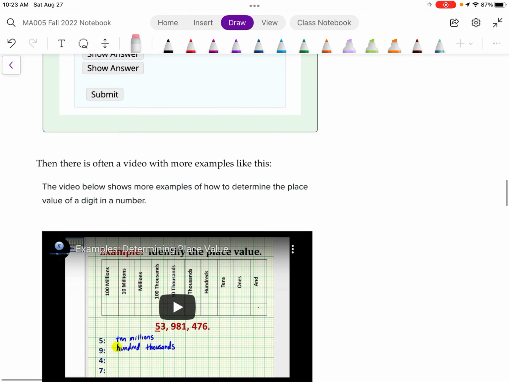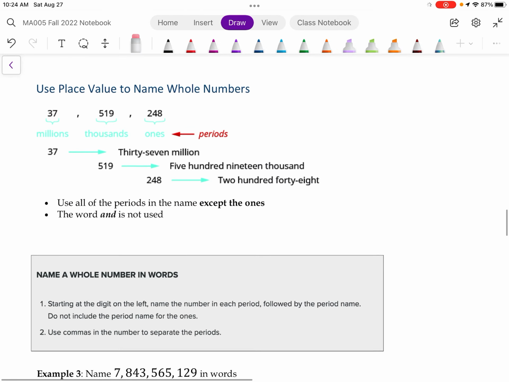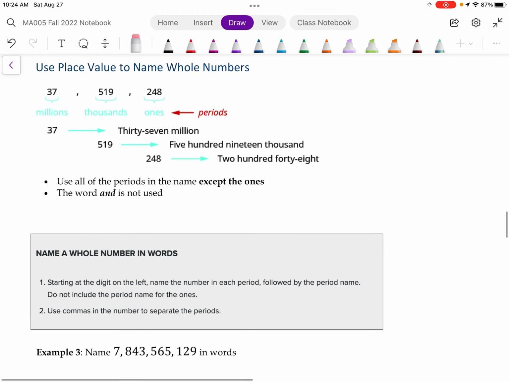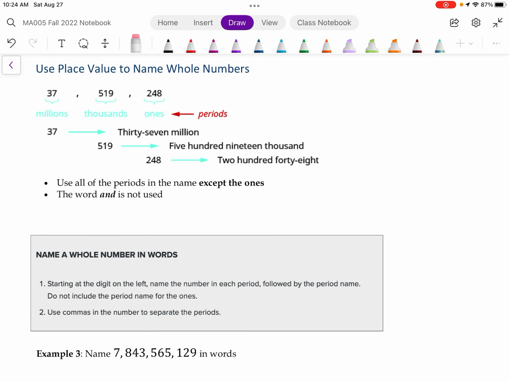so come back down and take a look at how to name things. So we're going to use all of the periods in the name, the millions, the thousands, the billions, the trillions, except for the ones. We don't say 248 ones. So this number here looks like 37 million, because it's in the millions place, 519,000.